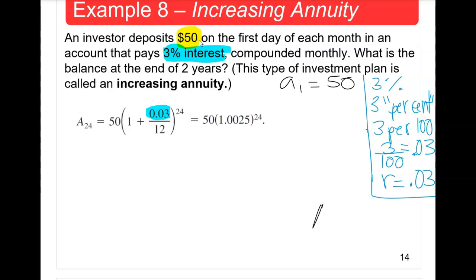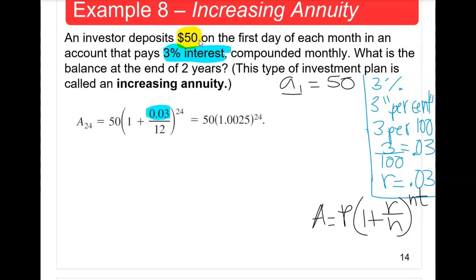Let's say the future value will be the principal, which is the amount you start with, and in our case is A sub 1, times 1 plus the rate divided by N, and here N represents the number of compounding periods, and then raised to the power N T.